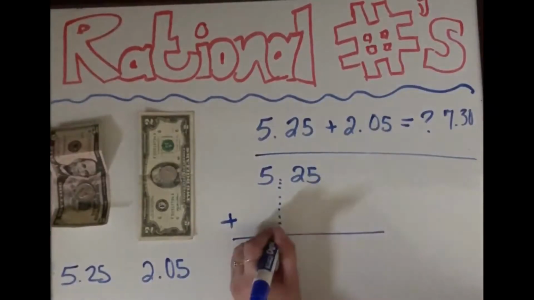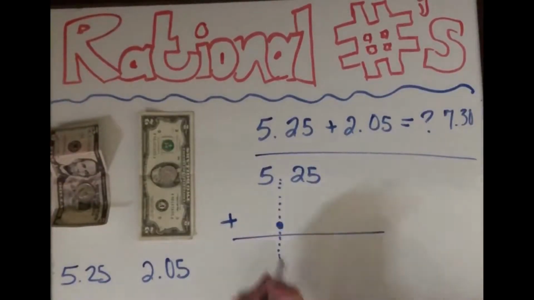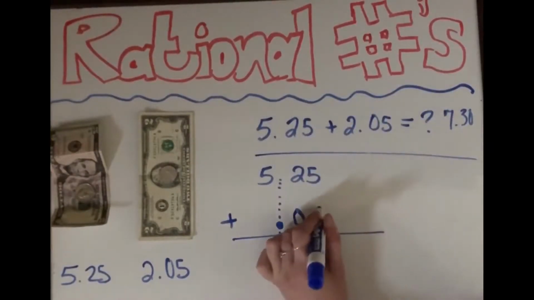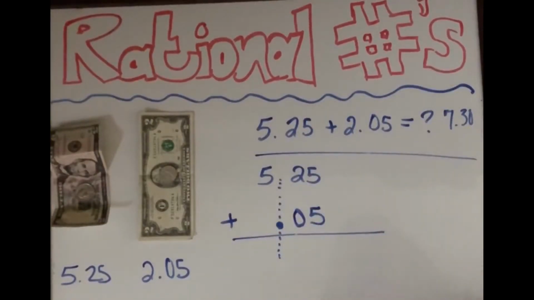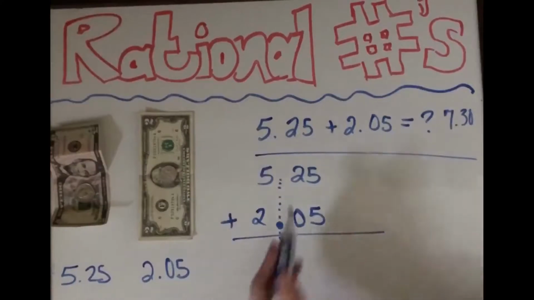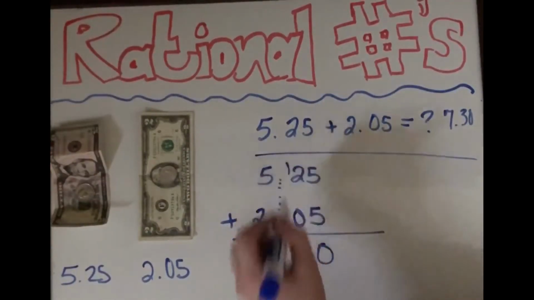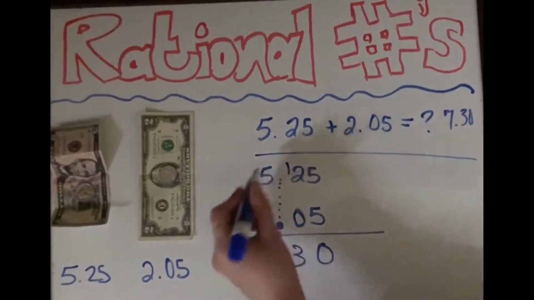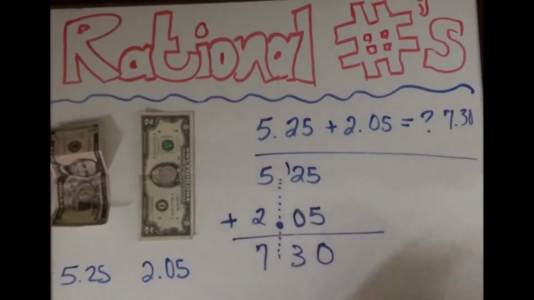If our decimal point for the $2.05 is here, we know 0 will be in the first decimal place, 5 will be in the second decimal place, and 2 will be over here. So now you just add like you would. 5 plus 5 is 10, 2 plus 1 is 3, plus 0 is 3, 5 plus 2 is 7, and we carry down the decimal point right here, so $7.30.